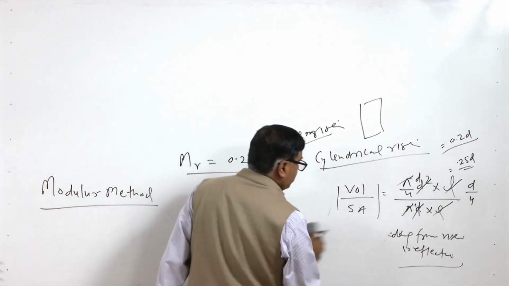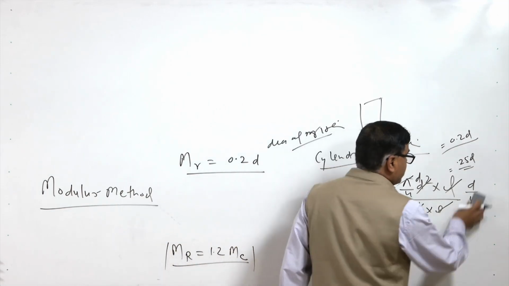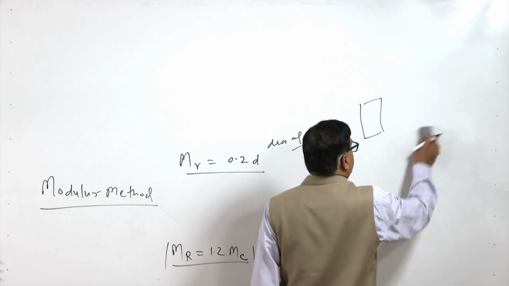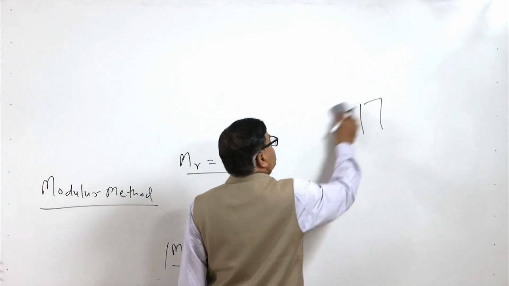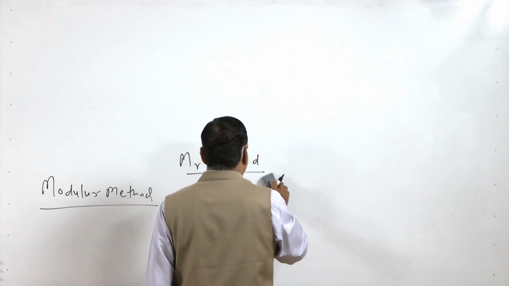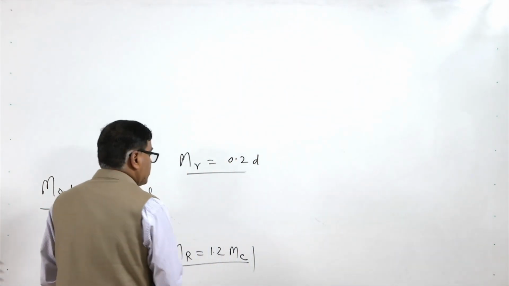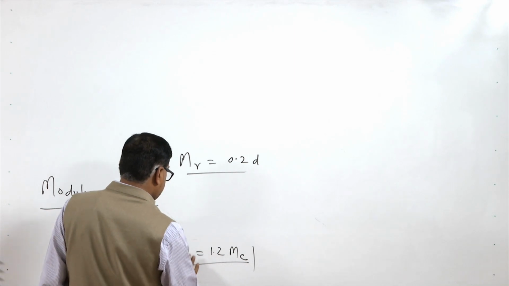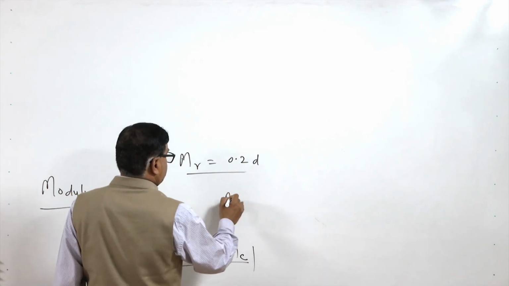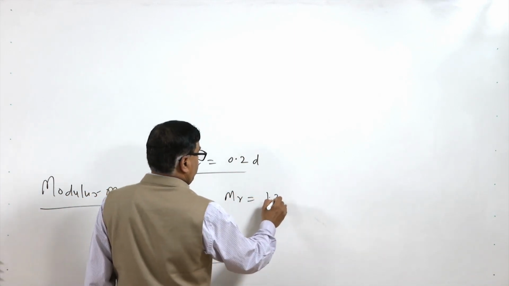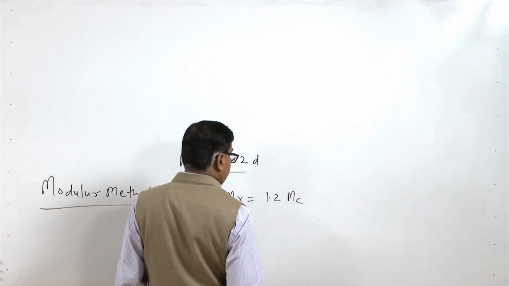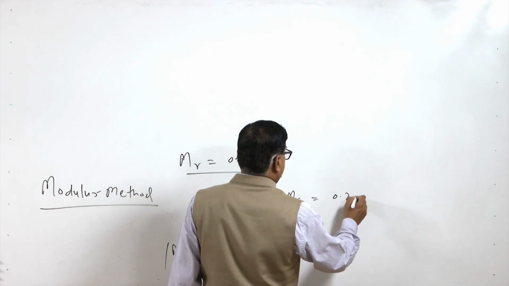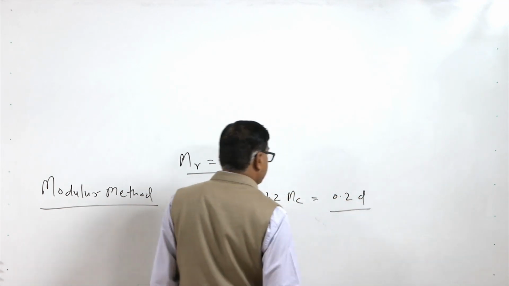for successful working of the riser, it is required that the modulus of the riser is greater than the modulus of the casting. So, in that case, MR is equal to 1.2 times the modulus of the casting, which is equal to 0.2 times the diameter of the riser.